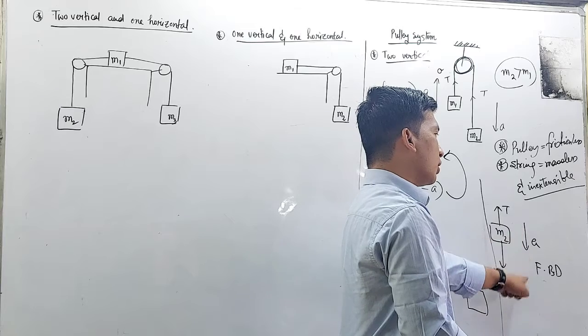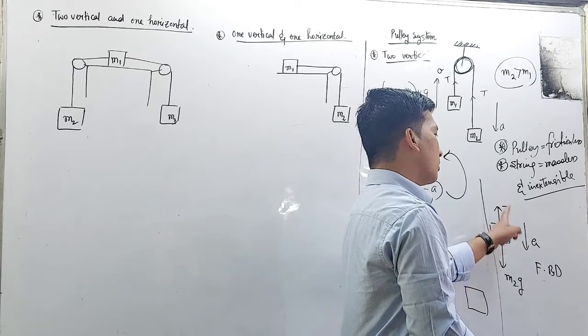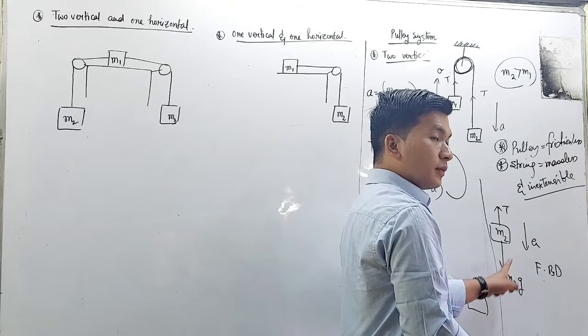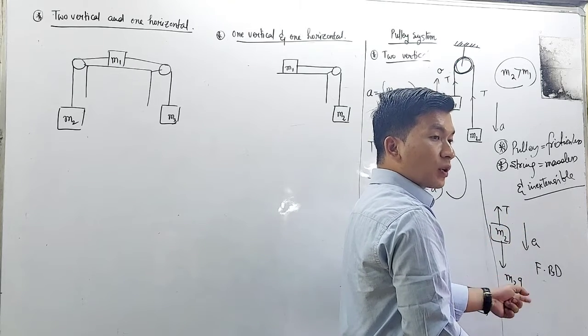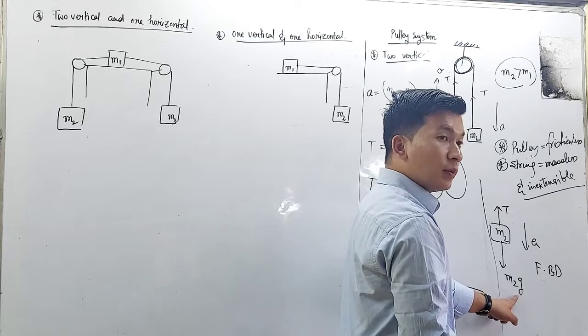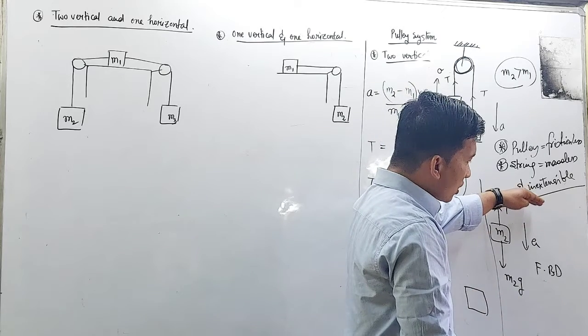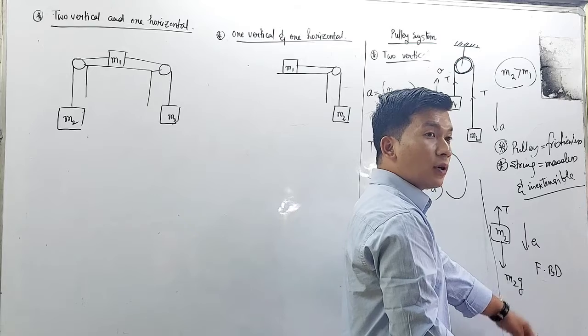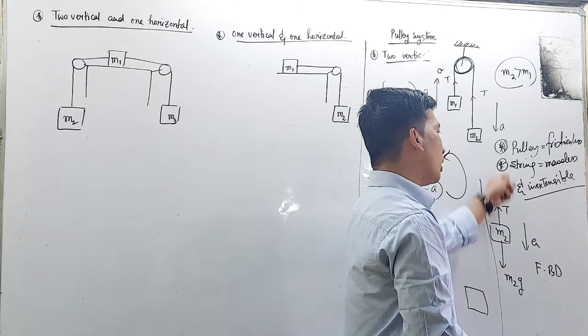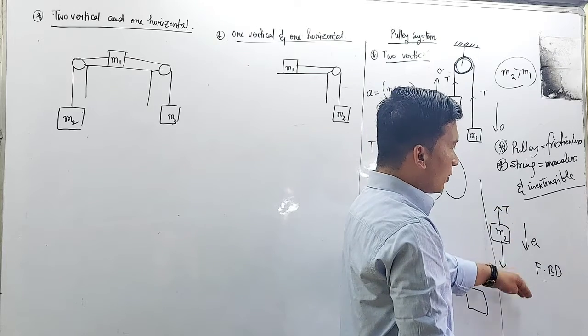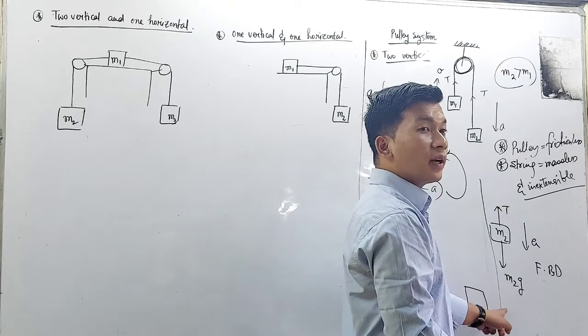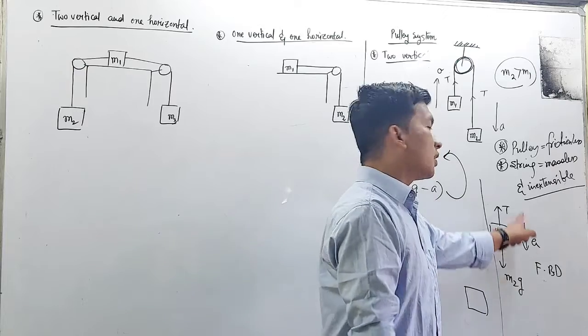Here, according to our given diagram, we have two different forces, M2G and the tension T. And which one will be more? M2G will be more because the entire motion is in the downward direction. One is pulling up, one is pulling down. If the body is to move in the downward direction, that means the downward force must be greater than the upward force.